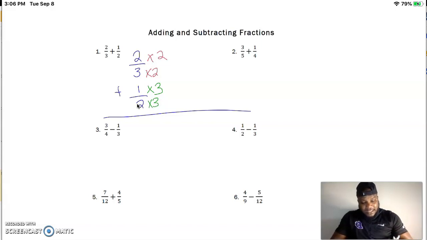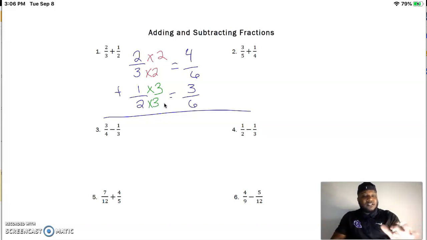So when I multiply, I end up with, up here, 2 times 2 is 4, and 3 times 2 is 6. That's 4 over 6. At the bottom, I have 1 times 3, which is 3, and 2 times 3, which is 6. All right, so now I can just add them how I want to add them.